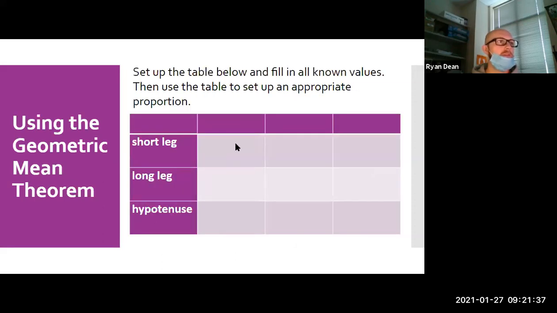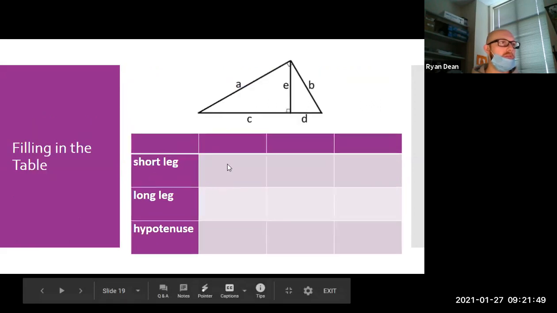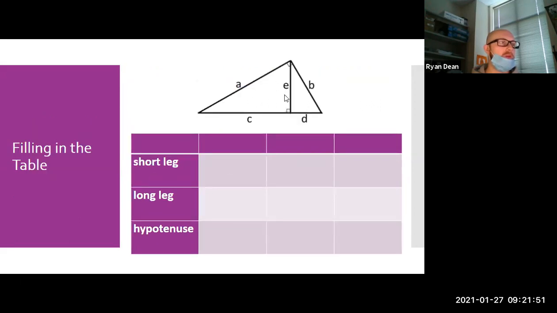All right, so here's a table that would be a little bit helpful for you. This table right here is the same table here, but we're just going to be filling it in for this triangle. Okay, the first thing that we're doing is taking a look at this largest triangle.